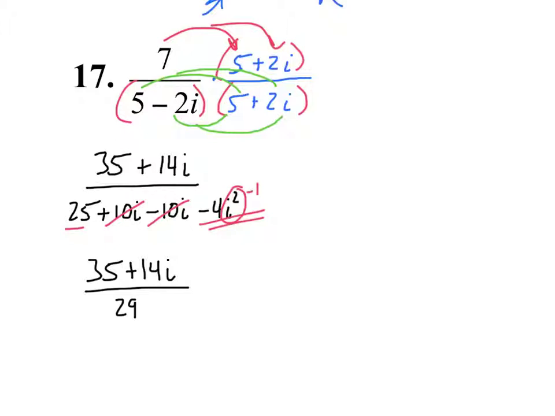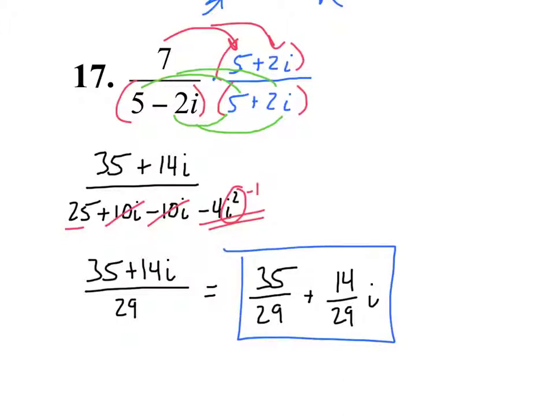So this is going to be our answer. We just need to make sure to write it as a complex number. So 35/29 plus 14/29 i. And that's our final answer only because we can't reduce that. If we were able to reduce those fractions, you definitely would.